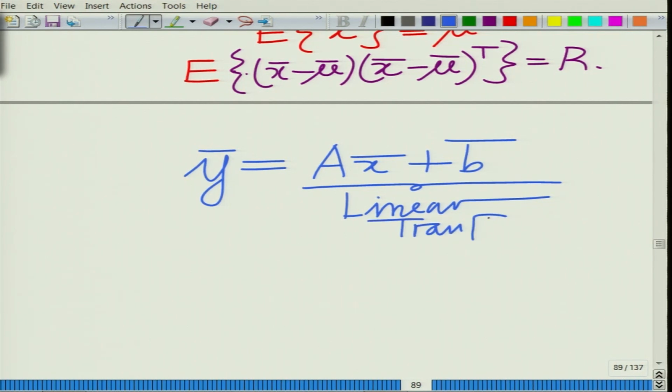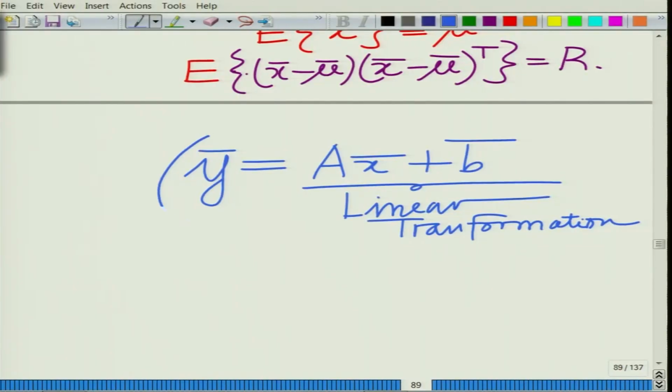This is simply known as a linear transformation of the Gaussian random vector. So, y bar you can see is linearly related to x bar. Now, what is interesting is that a linear transformation of Gaussian random vector leads to another Gaussian random vector.